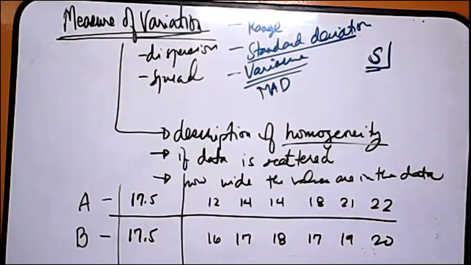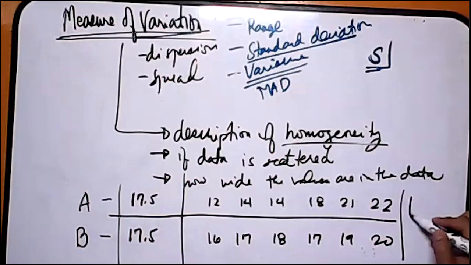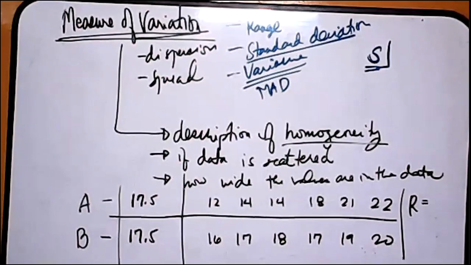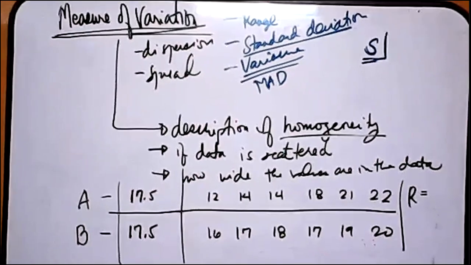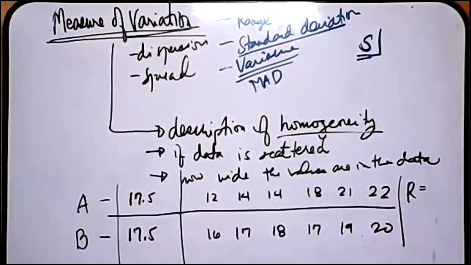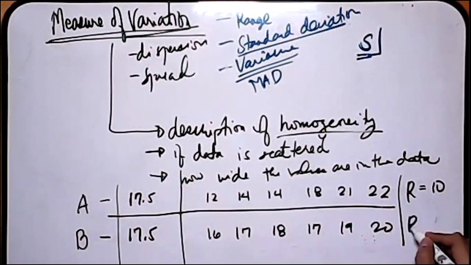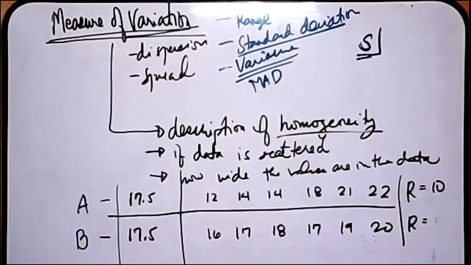Now, if you look at this, what is the range of class A? 10, sir. So 22 minus 12 is 10. What about B? 4.